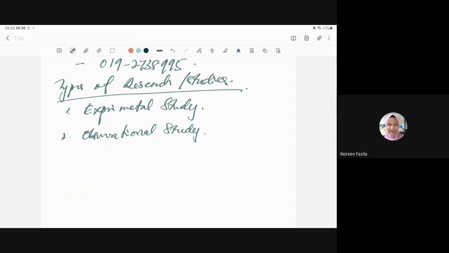So what this means is that, for experimental study, putting it simply, we impart treatments to samples. Basically, that's what we do.